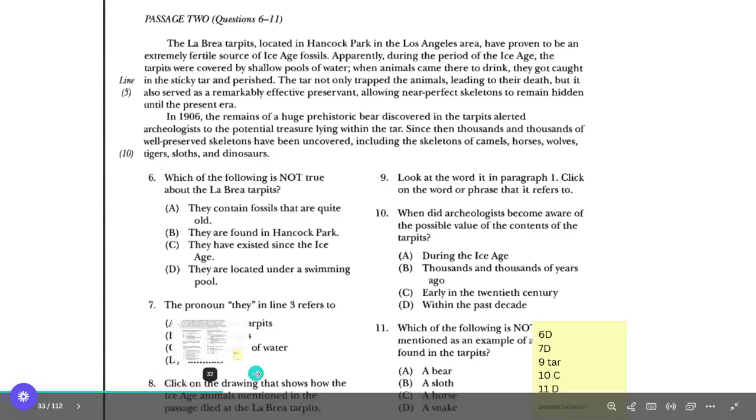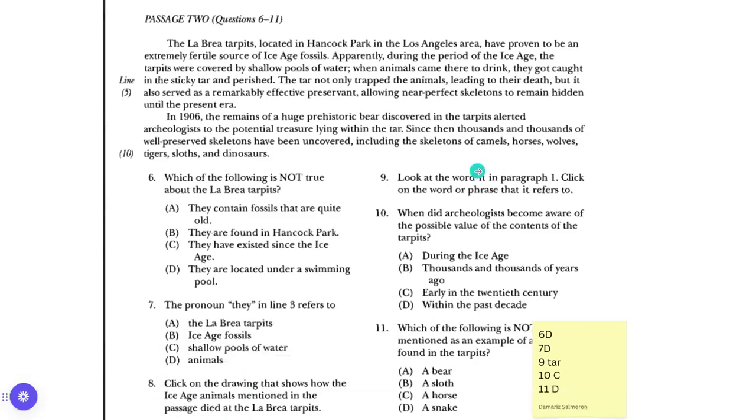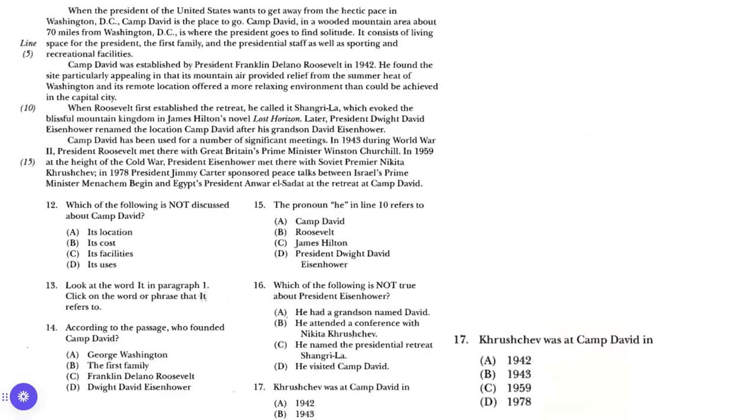Well, I eliminated letter number 8 because it was a drawing, and because of the scanning, the image is not very clear. Number 9 is tar. Number 10, C. And 11, D. We have time for one more. So let's work on this one.